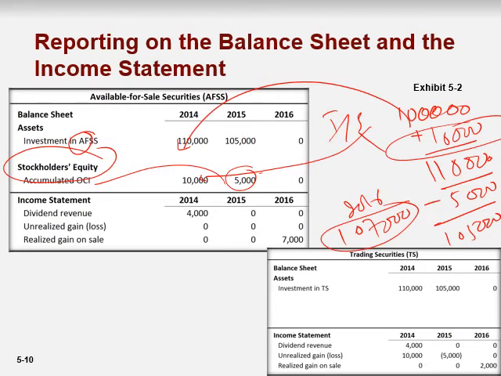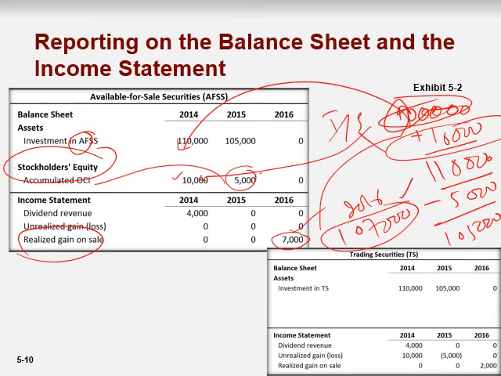So our 7,000 in excess of our available for sale securities is the realized gain, right? So the 10,000 goes to accumulated other comprehensive income, and the 7,000 is the realized gain on top of this 100,000.